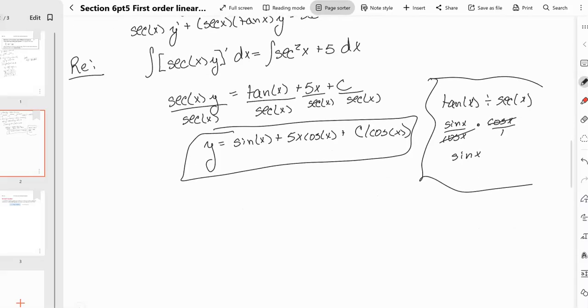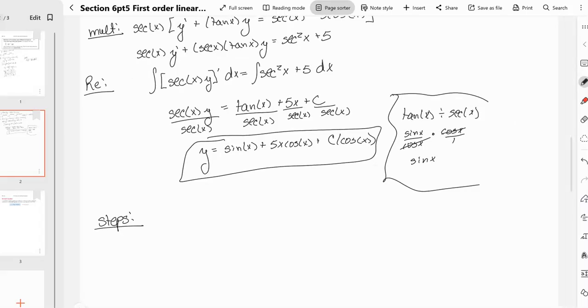So let's talk about those steps. The first thing you have to do is make sure it's in proper form. Make sure the differential equation, I'll abbreviate that DE, is in proper form.